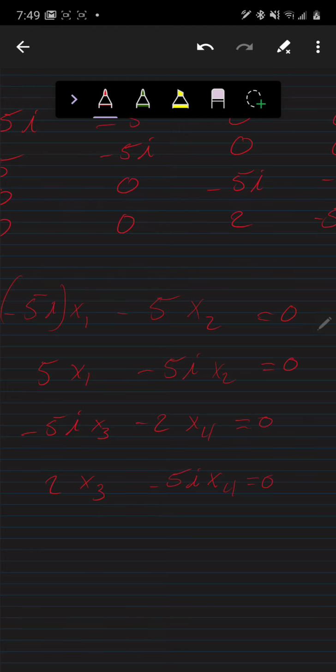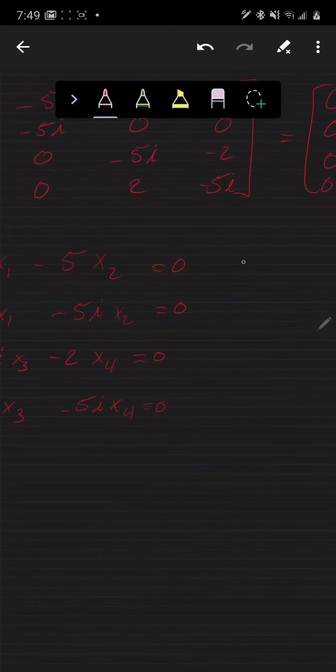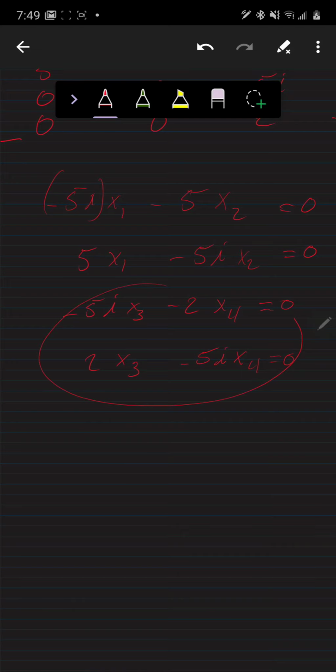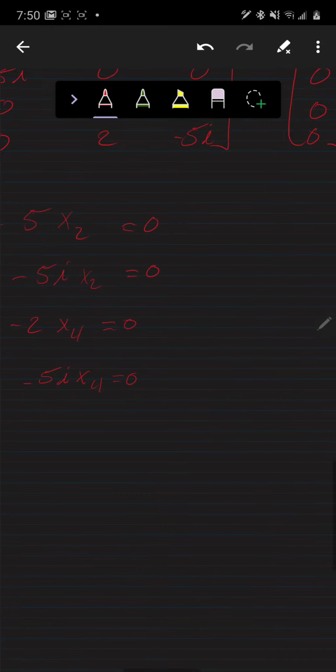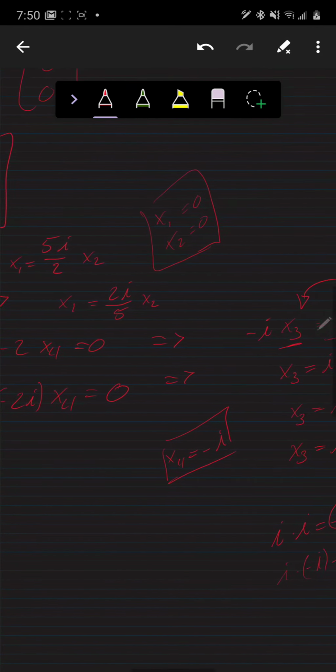From there, I'm going to be solving the first equation. We see this 2, and it's going to be the same work as the first one.